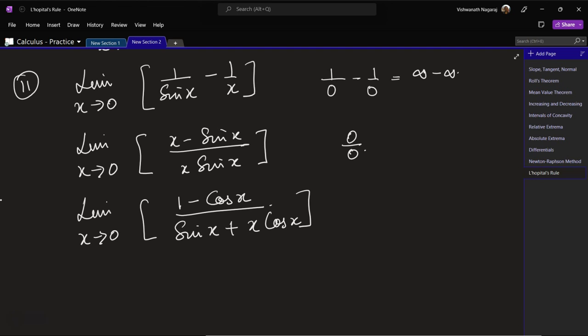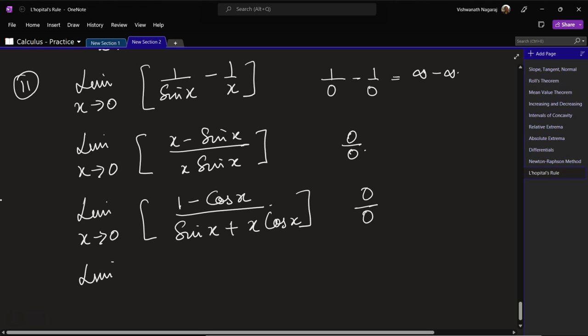Now if we do the substitution, cos 0 is 1, 1 minus 1 is 0. So numerator is 0. Now here sine 0 is 0, cos 0 is 1, but this x is 0. So it becomes 0 by 0. So which means again let's apply the L'Hopital's rule.